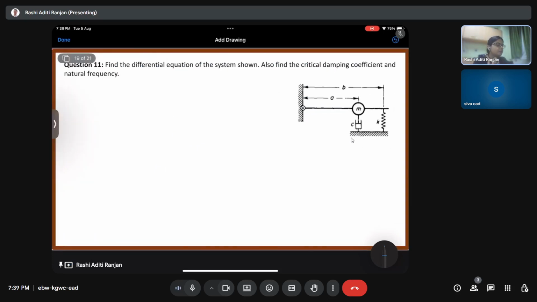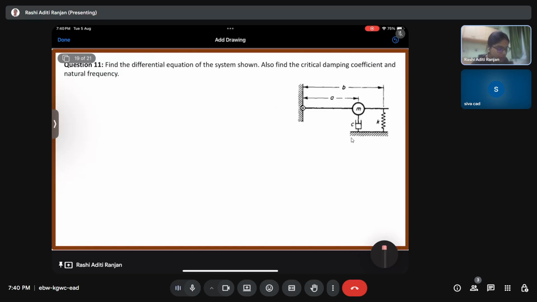Now, coming on to question number 11, which is somewhat related to the same type of problem. Now look over here. There we had a mass, and somewhere in between we had a spring and dashpot, which were at the exact same position. But here the mass is at a distance a from the fixed point, and then after a distance of b minus a, we have the spring k.